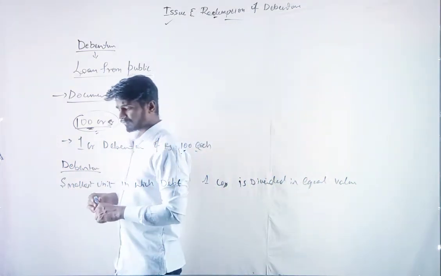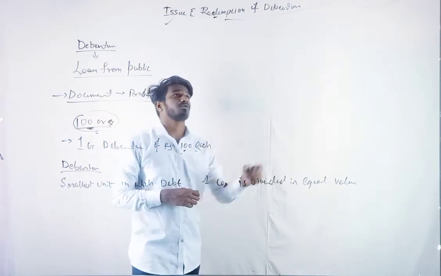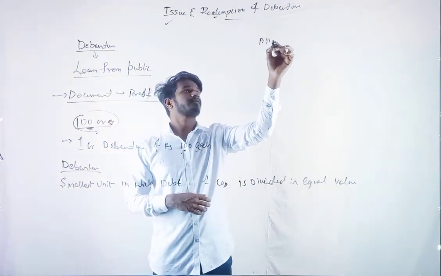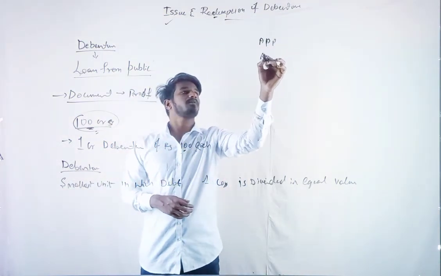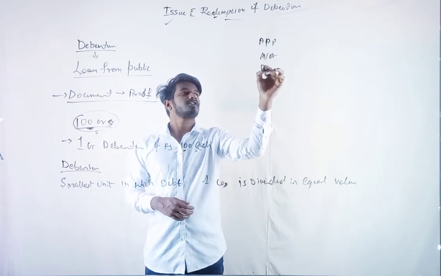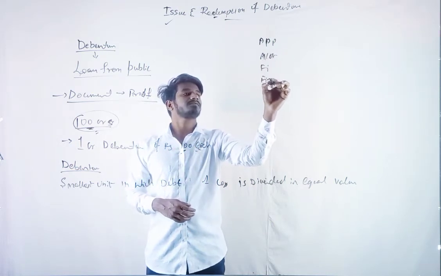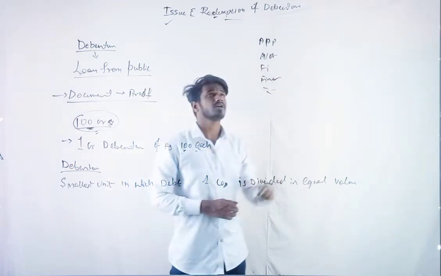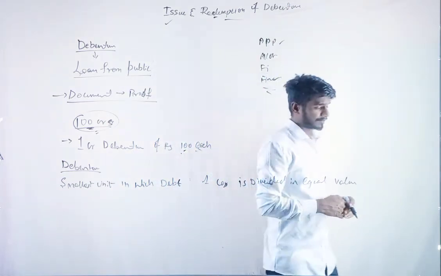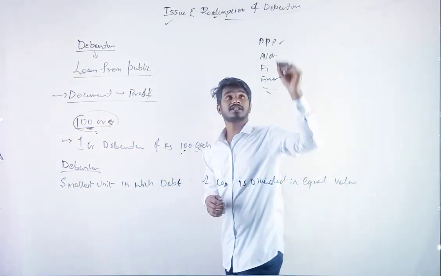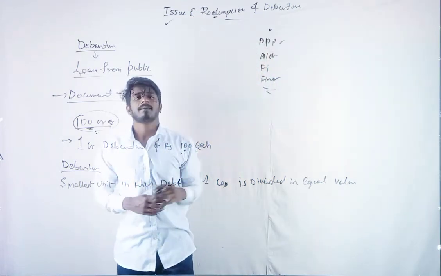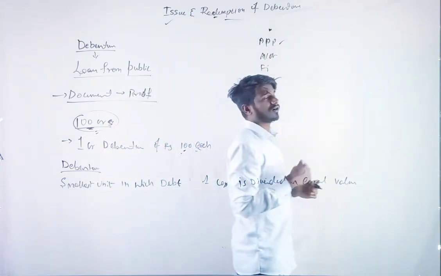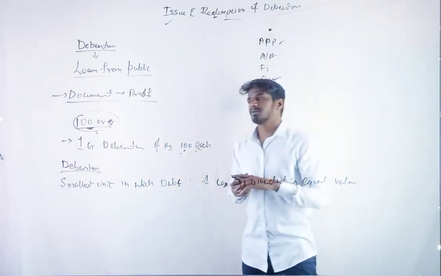Here also, in this chapter, we have application money, allotment money, first call, final call, like this. What do you mean by application and application money? Let us take an example.